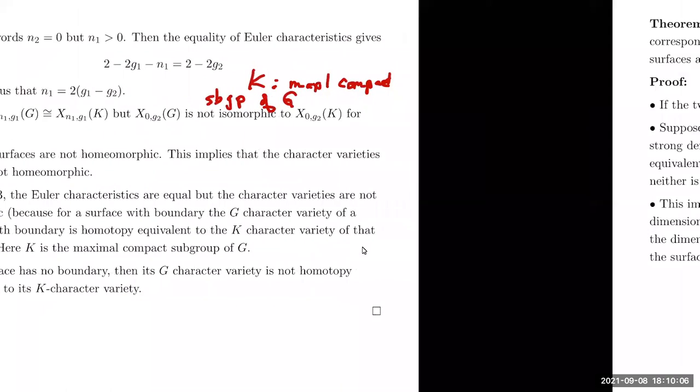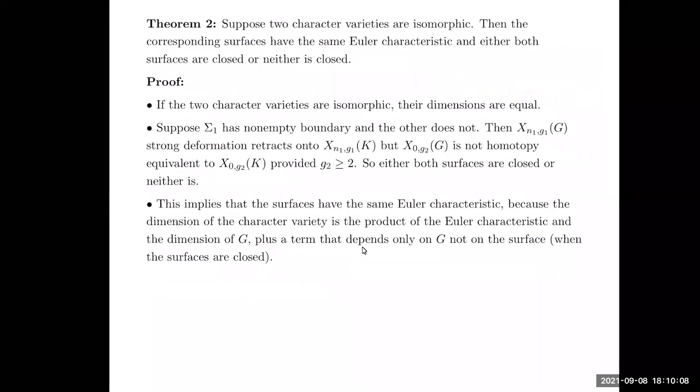Okay, the second topological thing that I wanted to describe is that if the two character varieties are isomorphic, then the corresponding surfaces have to have the same Euler characteristic, and either both surfaces are closed, in other words, no boundary, or neither is closed.